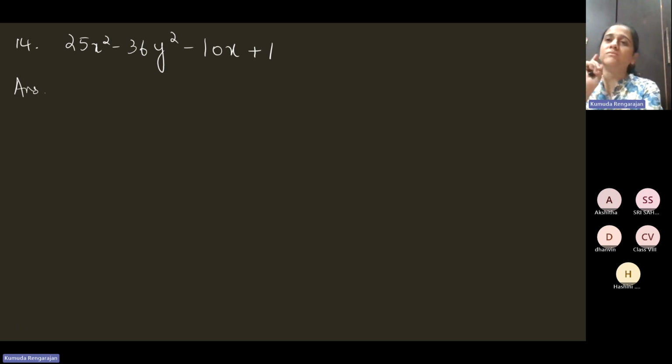So which is that term without a perfect square? Minus 10x. What is the variable there? X. The other variable is not there. So 10 into x into 1.